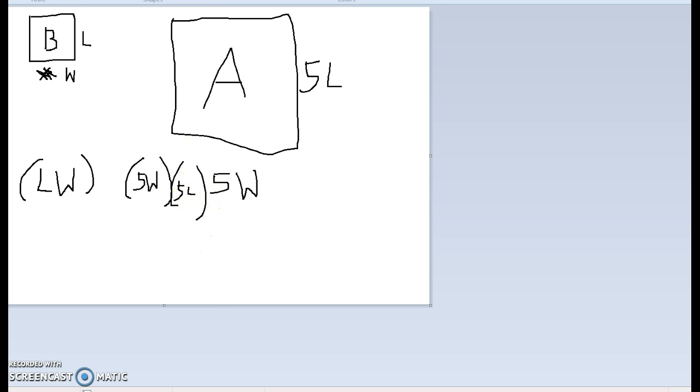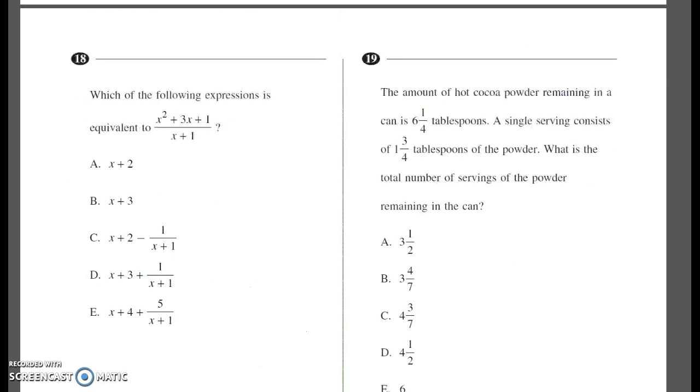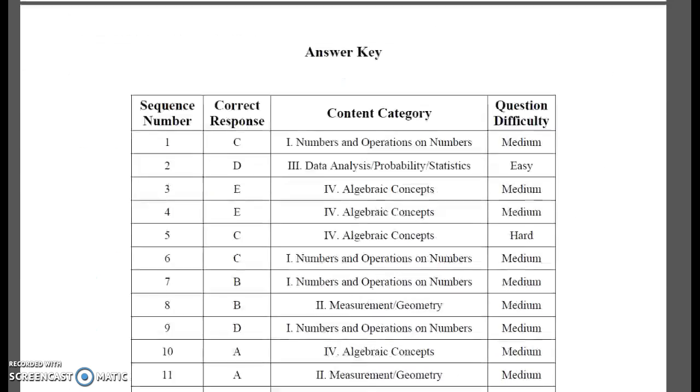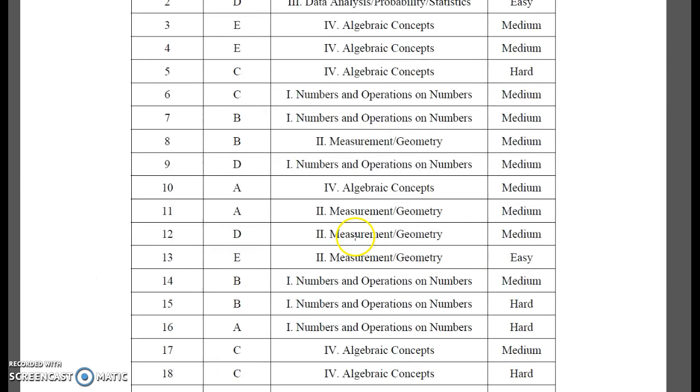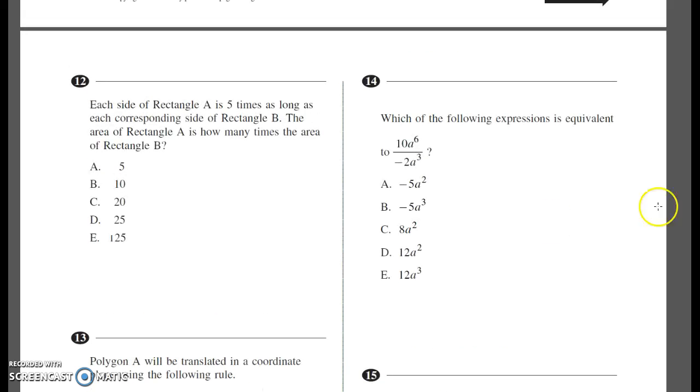So what's going to end up happening there is that this is actually going to be, if you look at your answers, let's find number 12. Number 12 is D. Let me go back up to number 12 for you. You can always compare your answer to what they got. So the answer is D.